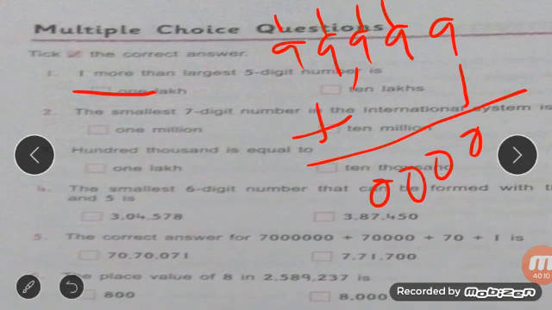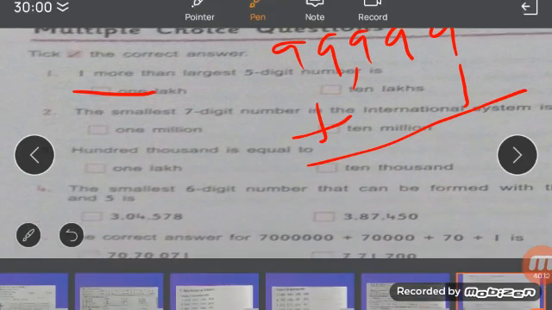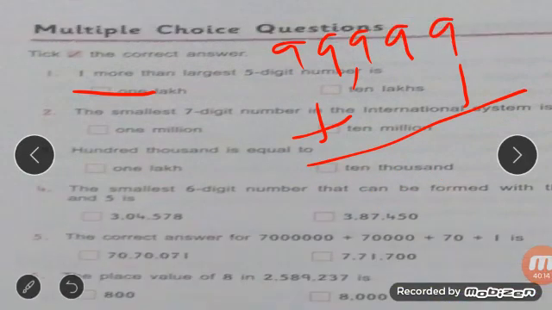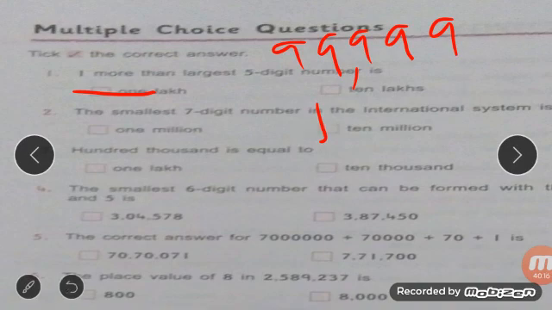Second, the smallest 7-digit number in the international system. International system, do you remember, children? What is in international? Millions are there, no?